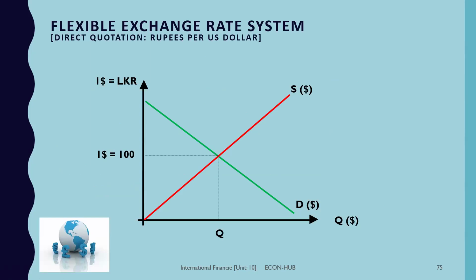Page number 24. Just check if the headings are correct. Flexible exchange rate system. Direct quotation. Yes? Direct quotation. Seems okay. So can you guys get this diagram done? Now, hold on.